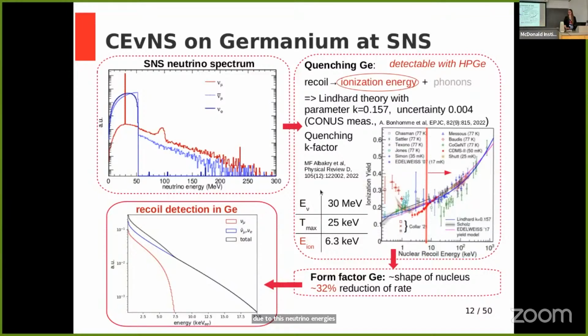This is not exactly one anymore, but overall, it turns out that we have a 32% reduction of the rate that we expect. And putting all of this together, this is how the spectrum looks that we want to measure. This maximum energy of 20 keV is the other end of the region of interest for our analysis.